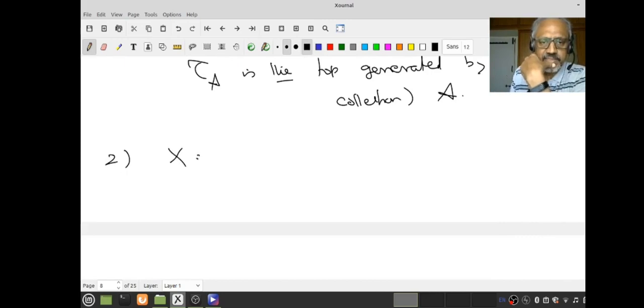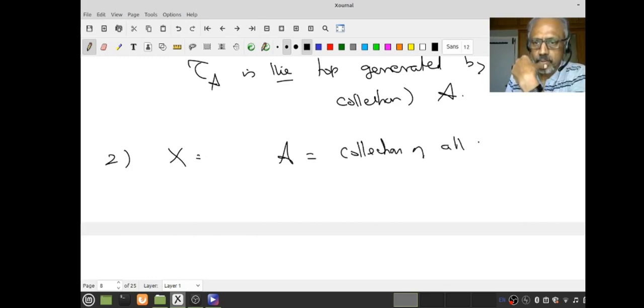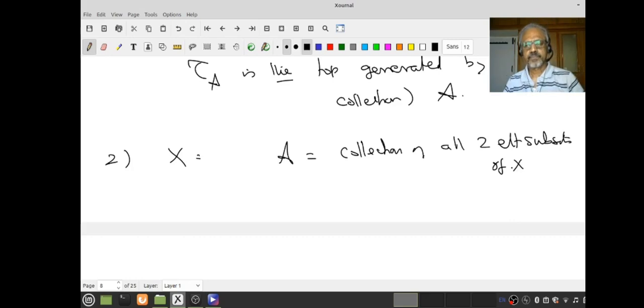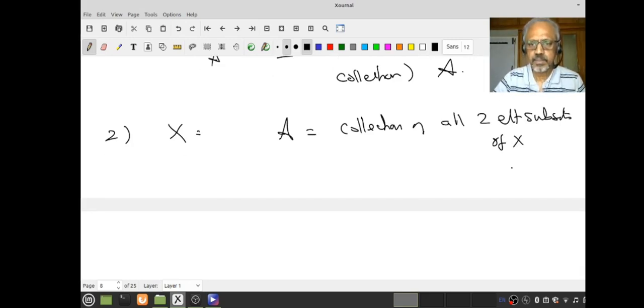Suppose I take a set X. Now my collection A consists of the collection of all 2 element subsets. Now I want to know what is the topology tau A.